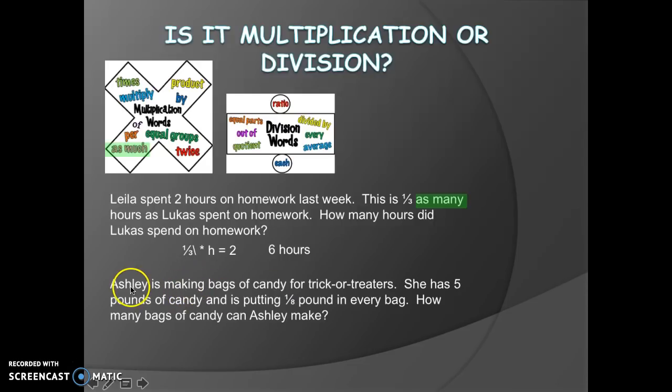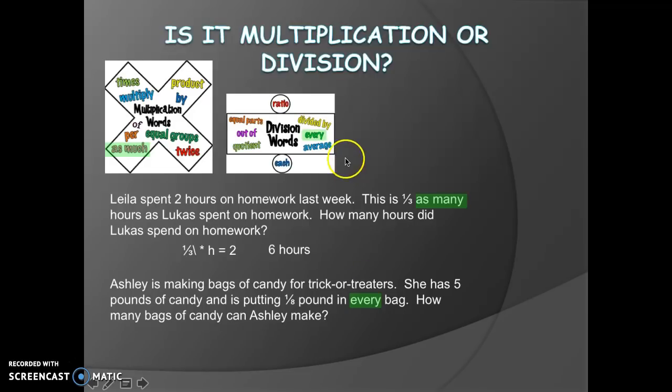Let's look at this one. Ashley is making bags of candy for trick-or-treaters. She has 5 pounds of candy. So 5 pounds, she's putting a fraction of a pound in every bag. So that's going to be a lot of bags. How many bags of candy can she make? Well, if we look at the keywords, we've got every bag.